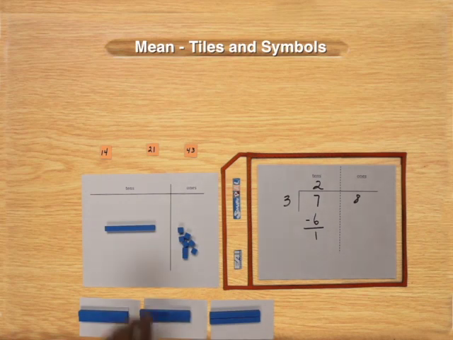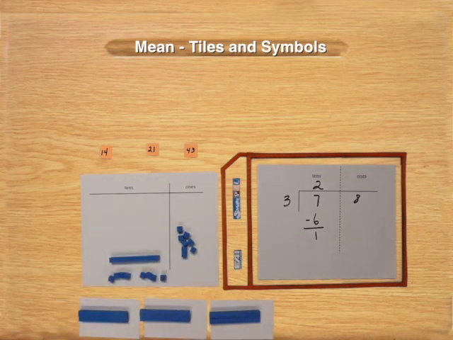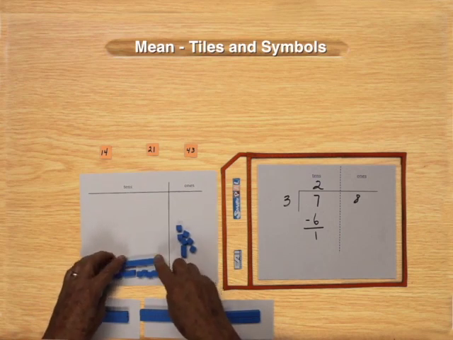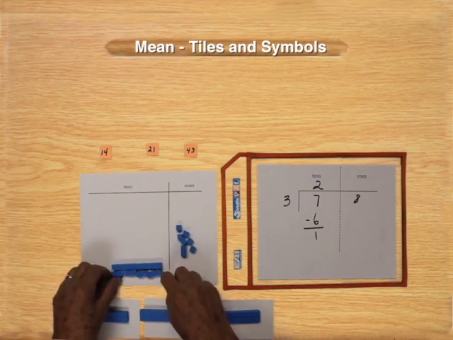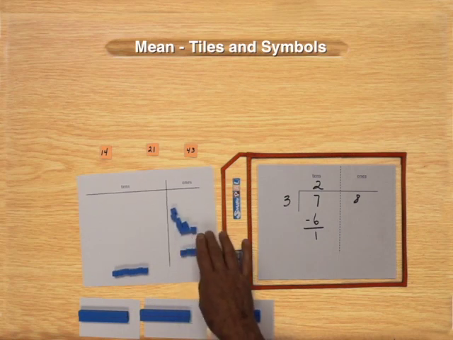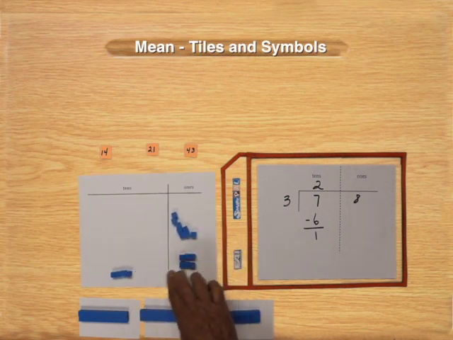Now, as we said, we can't share this 1 ten because it's only 1 ten and we have 3 cards. But what we can do is trade this 1 ten in for 10 ones. So there's our trading. There's the trade. And then we put these 10 ones with the ones from the original numbers.